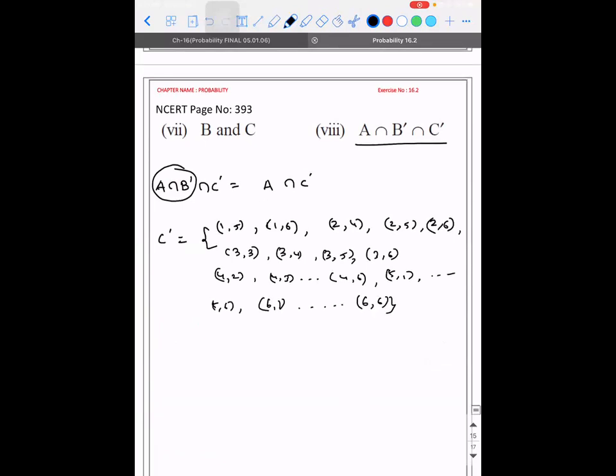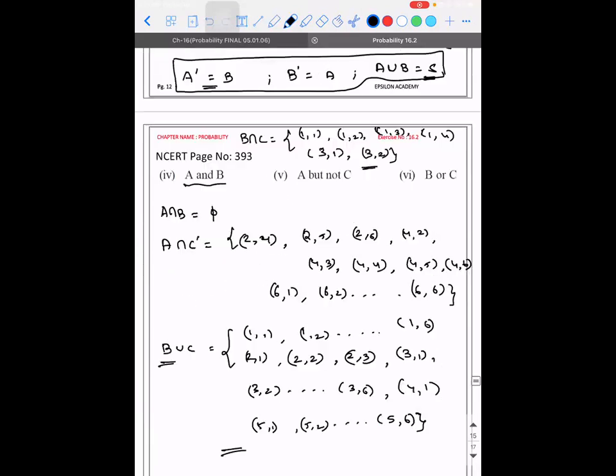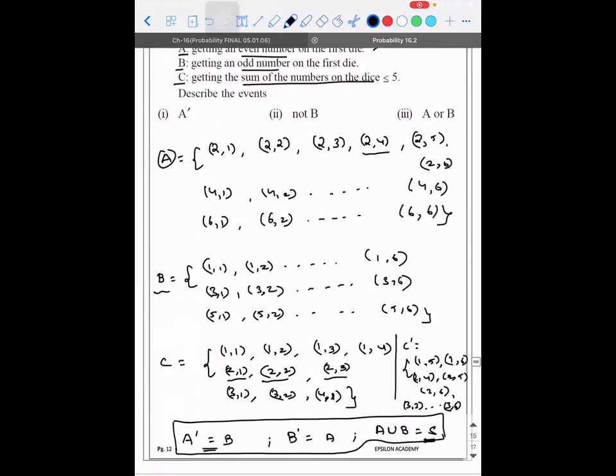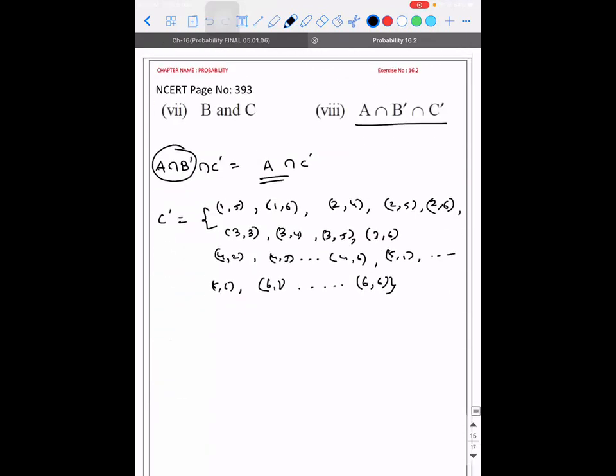Now, what is A intersection C dash? In A, the first number should be even, so look at only even numbers.